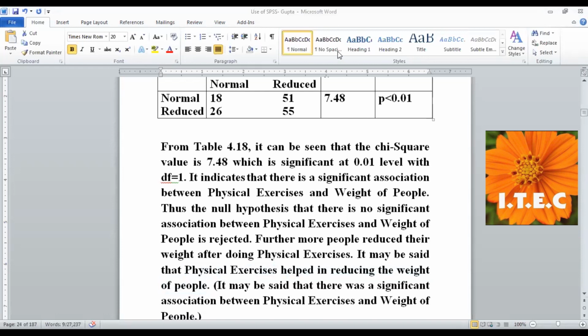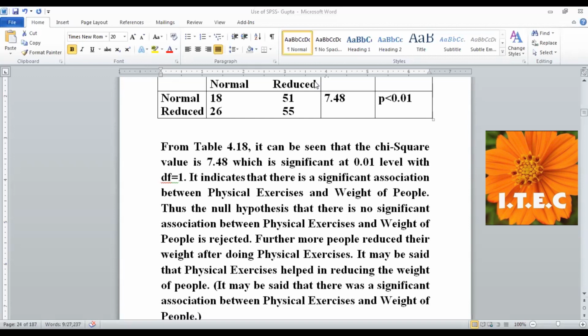Now, Prashant, if you use the word mean, then it can be the paired sample t-test, provided you use the word mean.